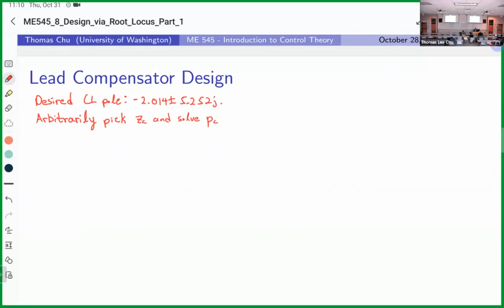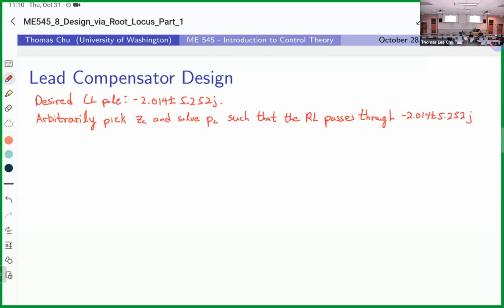Or we can arbitrarily pick PC and solve for ZC, such that the root locus passes through negative 2.014 plus or minus 5.252j.